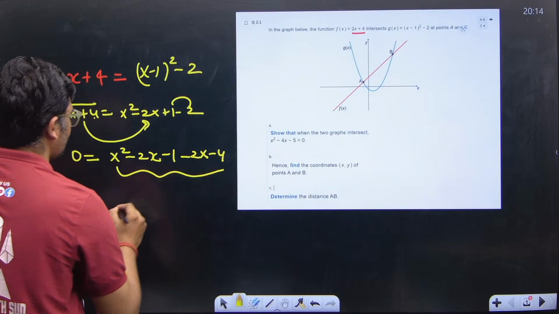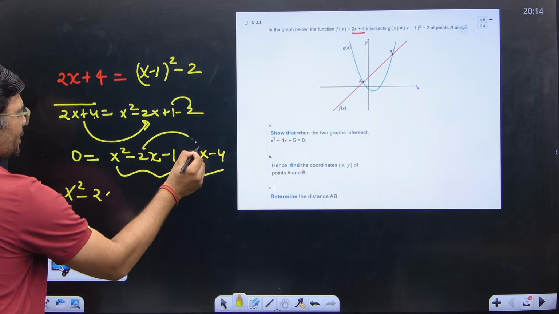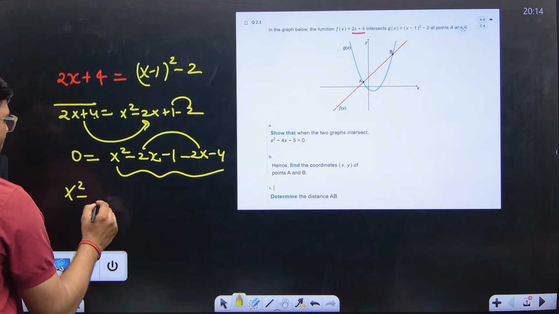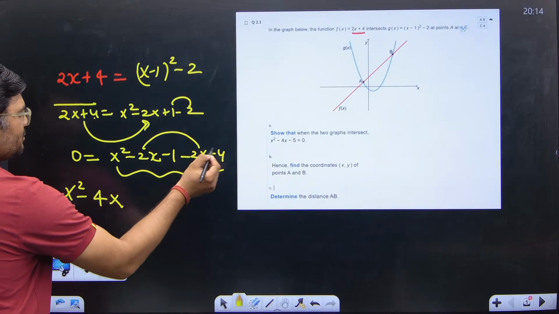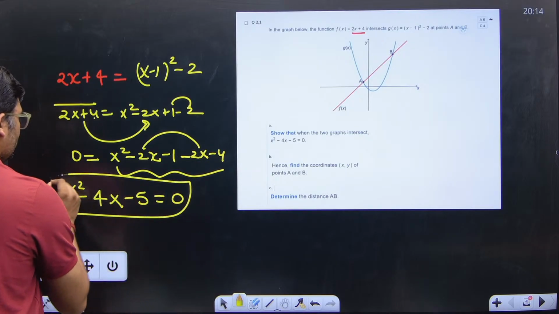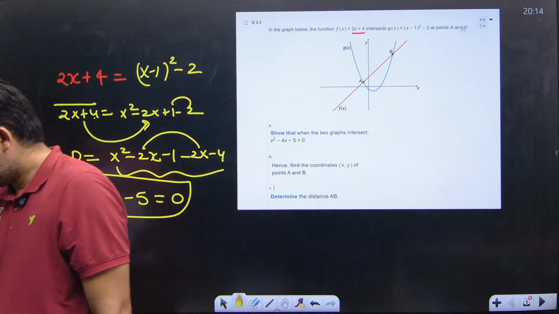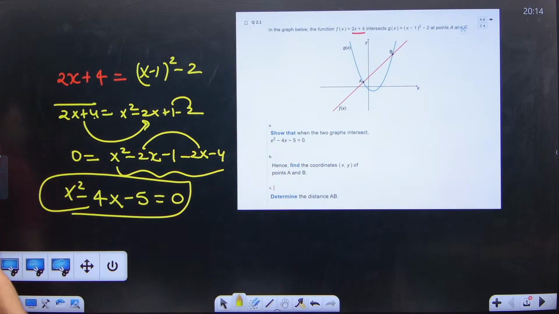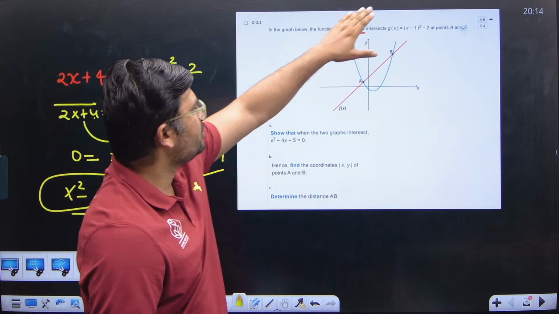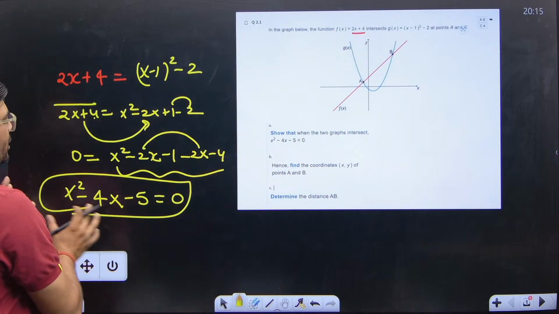Now this is going to be x square minus 4x, and minus 1 minus 4 is minus 5, which is equal to 0. This is what is being required to prove. So you just equate this equation to this equation, and simplify this and make it into one equation.